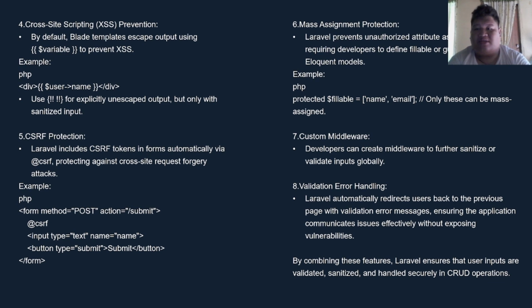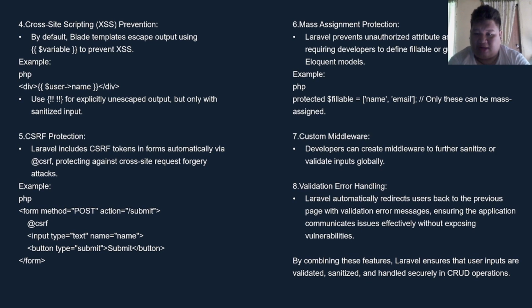Yan. Mass assignment protection: Laravel prevents unauthorized attribute assignment by requiring developers to define fillable or guarded properties in Eloquent models. Example, protected $fillable equals name, email, only these can be mass assigned. Custom middleware: developers can create middlewares to further sanitize or validate inputs globally.